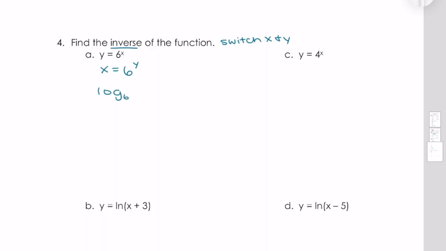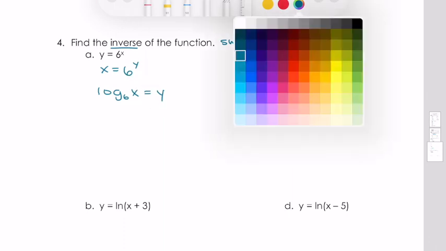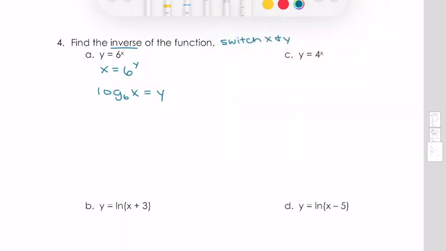Log base 6 of x equals y, because 6 to the power of y equals x. So those expressions are exactly the same. Right? The x equals 6 to the power of y, and the log base 6 of x equals y, exactly the same expression. So that is how I leave it.